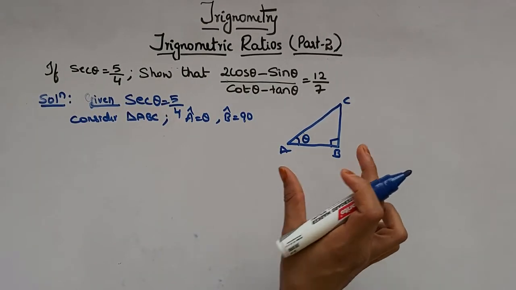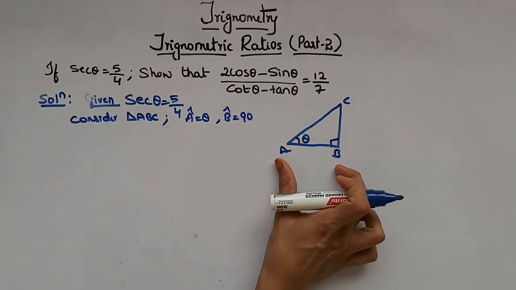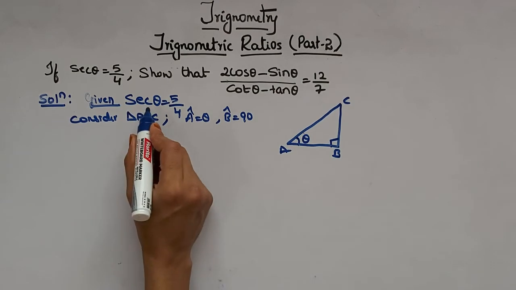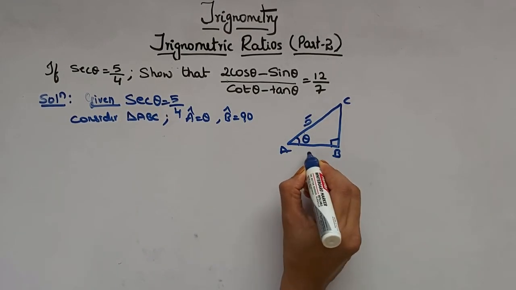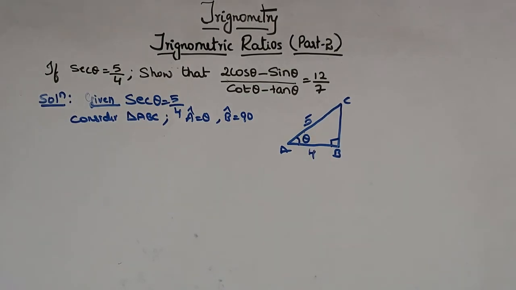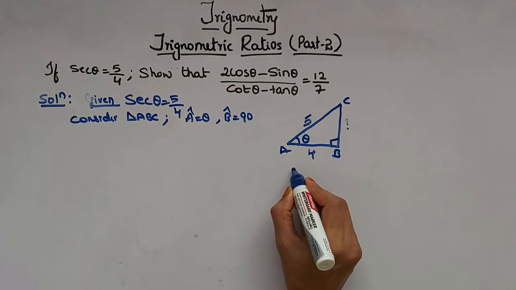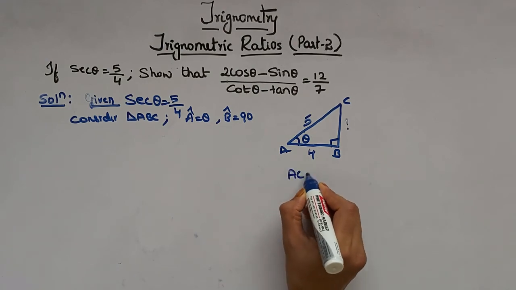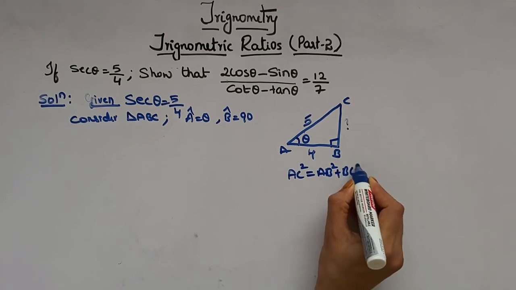So in this diagram, secant theta, we know, is hypotenuse by adjacent side. So we have the value 5 by 4. So your hypotenuse is 5 and your adjacent side is 4. So first let's find the opposite side by using Pythagoras theorem. So we know from Pythagoras theorem AC squared is equal to AB squared plus BC squared, right?